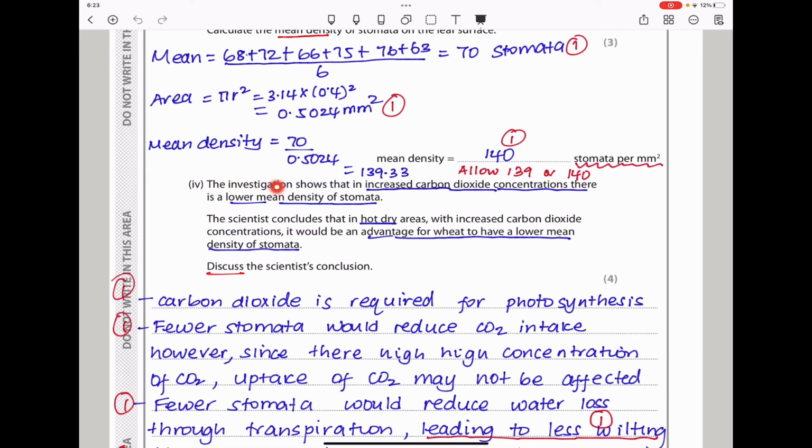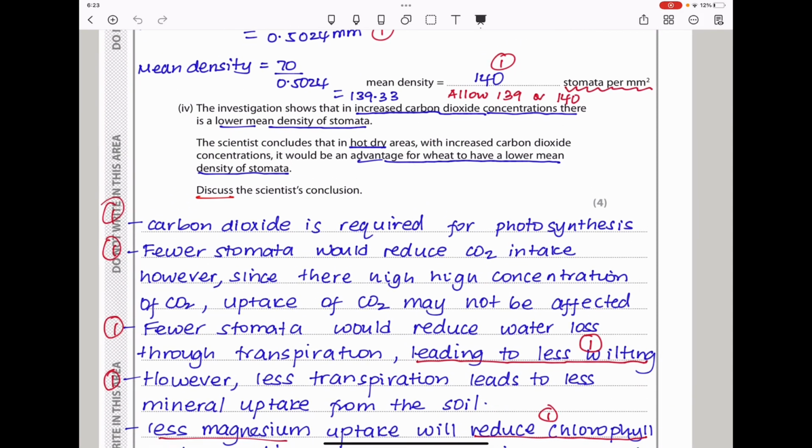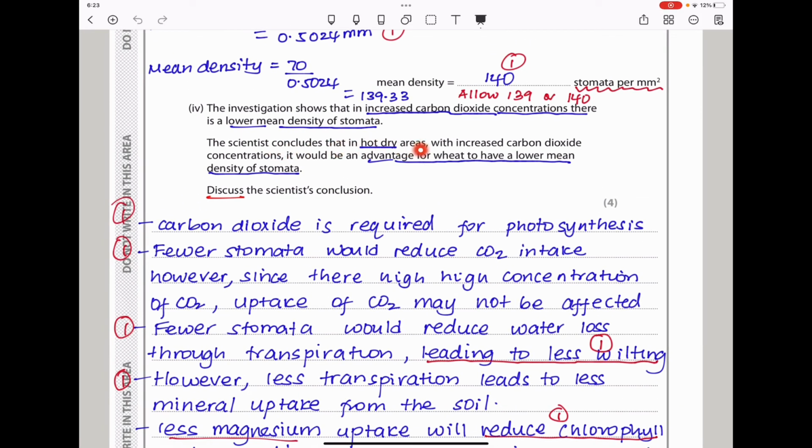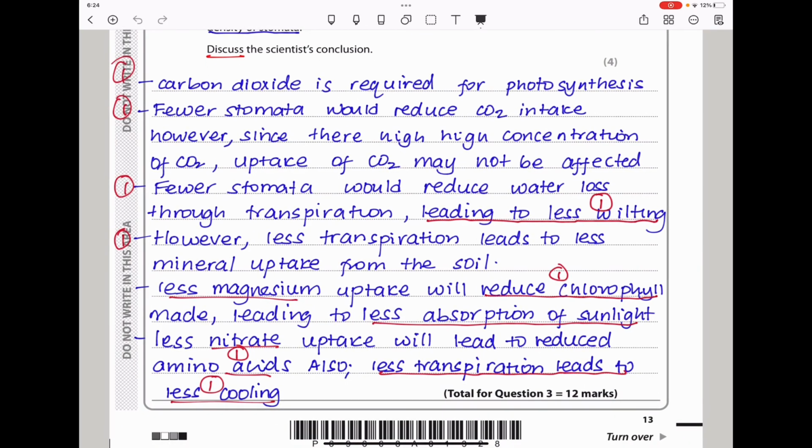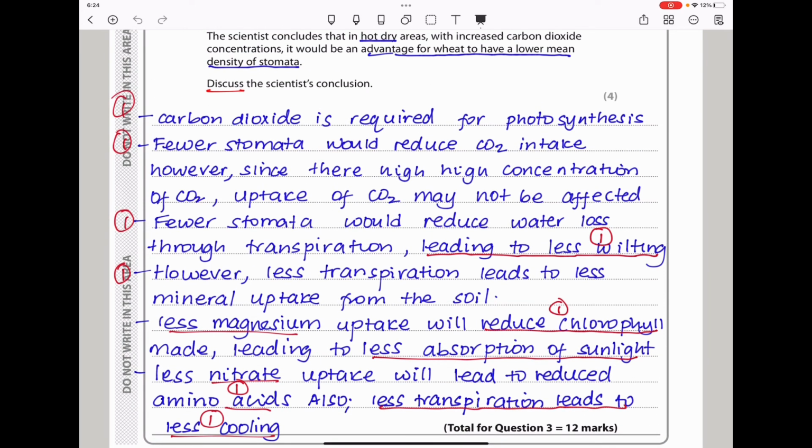The next part says the investigation shows that in increased carbon dioxide concentration, there is a low mean density of stomata. The scientists conclude that in hot, dry areas, with increased carbon dioxide concentration, it would be an advantage for wheat to have a lower mean density of stomata. Discuss the scientist's conclusion. Carbon dioxide is required for photosynthesis, so this is a fact, you can agree with him, and fewer stomata would reduce the carbon dioxide intake.